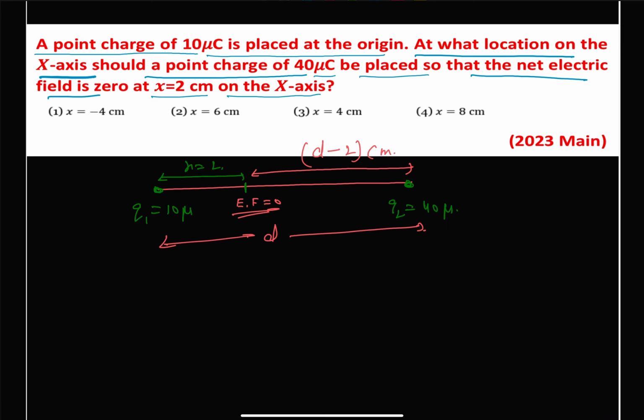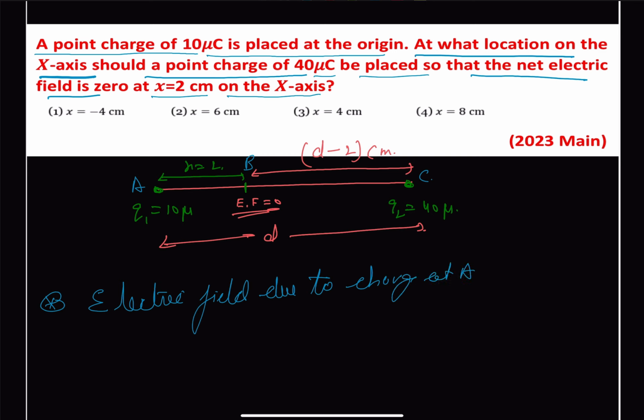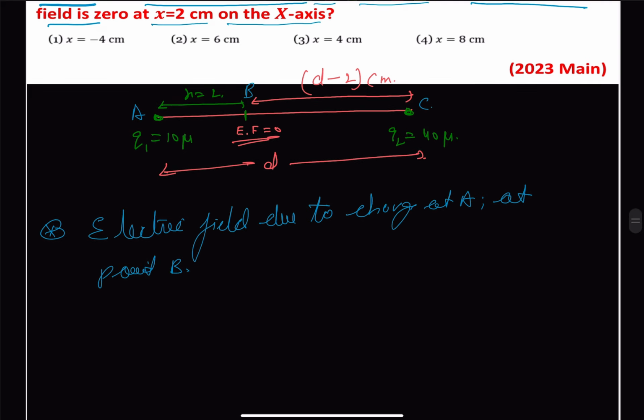So we can say electric field due to q1. Let us call these points A, B and C. So you can see the electric field due to the charge at A, at point B. Let us call this electric field E1.